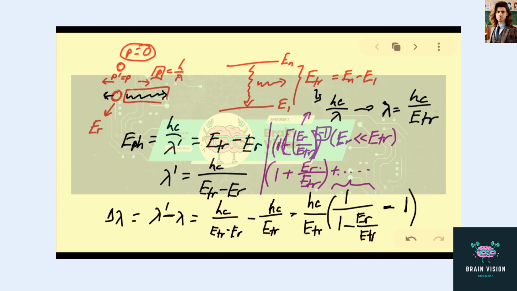So we approximate this to the second term of the binomial expansion. What we get over here is 1 plus ER over E transition. See that the minus 1 and the plus 1 cancel out, and this is what we're left with.